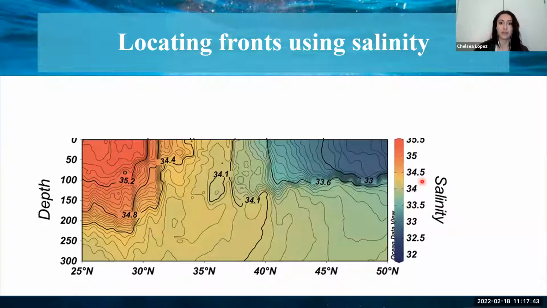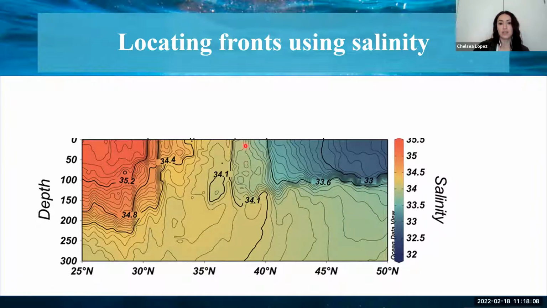Okay, so how to locate these fronts using the profiles from the CTD, so your salinity profiles, things like that. So here I'm showing you the transect, and I'll go through the sections in a minute, but I'm just trying to show you how you would identify one. So these are the contours. So this would be like a salinity, one salinity. And so you have this isohaline, they call it.